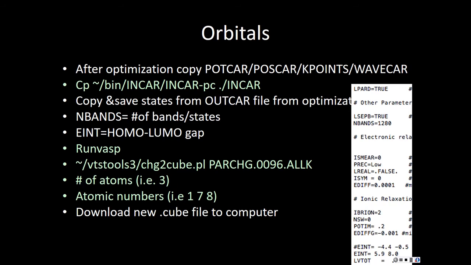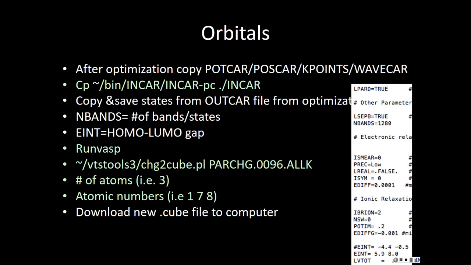GaussView format. Yeah, Javid is right. Most of us directly plot PARCHG files in VMD, or in the past we used VESTA, but some people are coming from the background of Gaussian and GaussView software, and the molecular orbital files from VASP are in a very non-standard style.